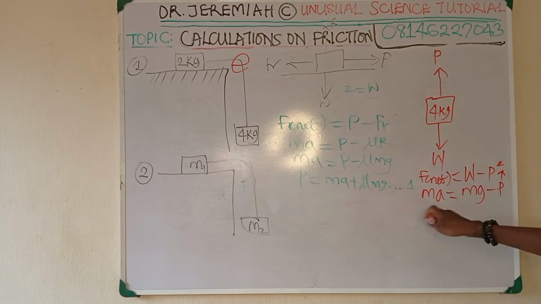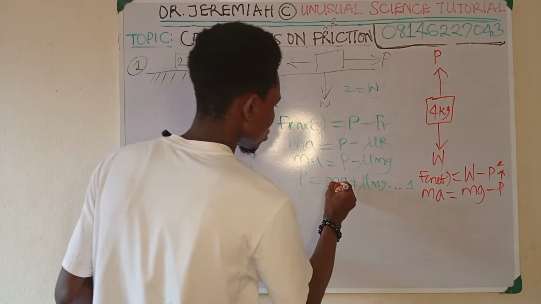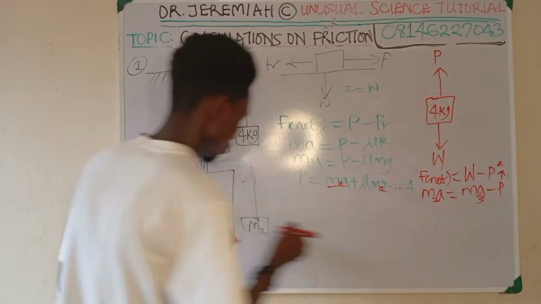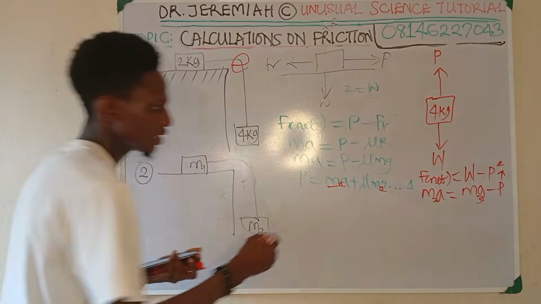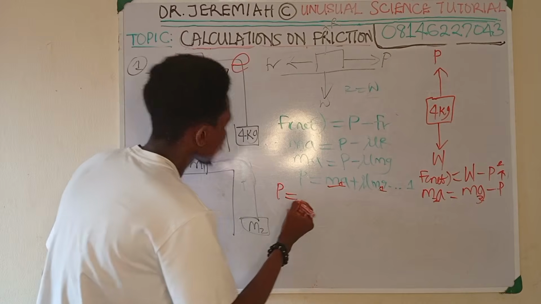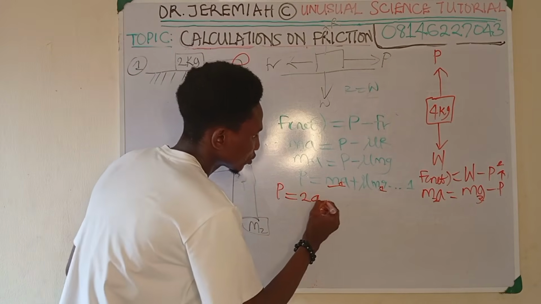We can simplify both of them because we know the masses. This is mass 1, so we know mass 1, we know mass 2. So we can simplify it and get a better quadratic equation. You can get P equal to mass 1, which is 2, times a, since we are looking for acceleration.